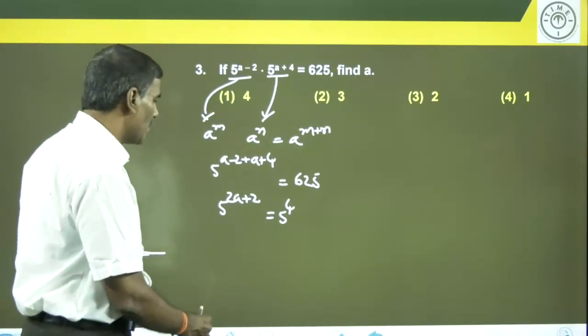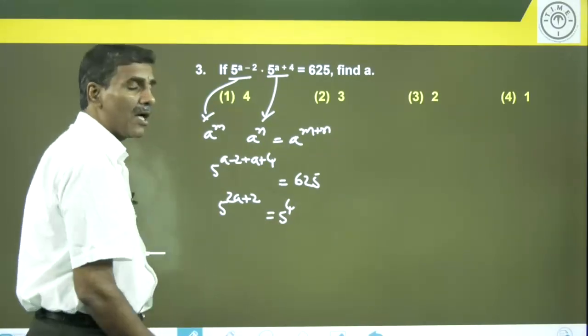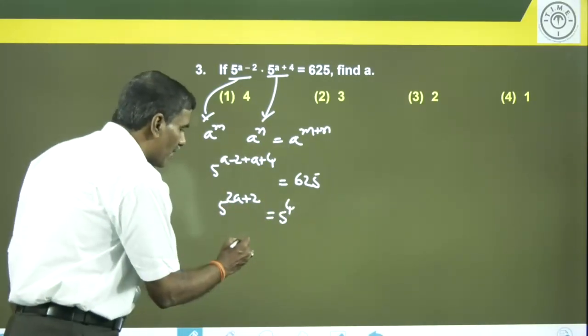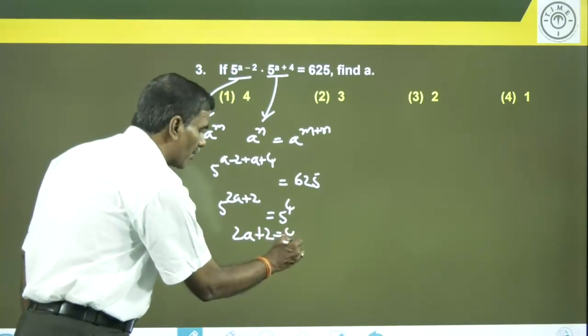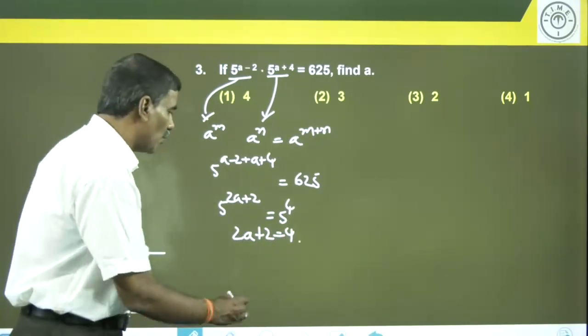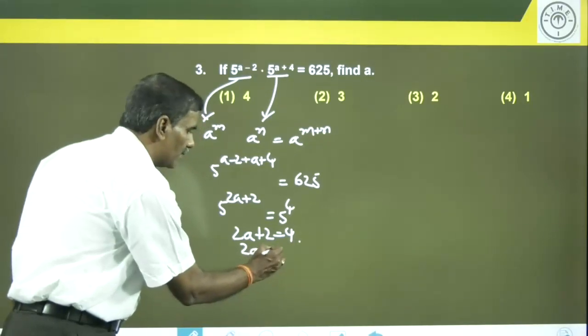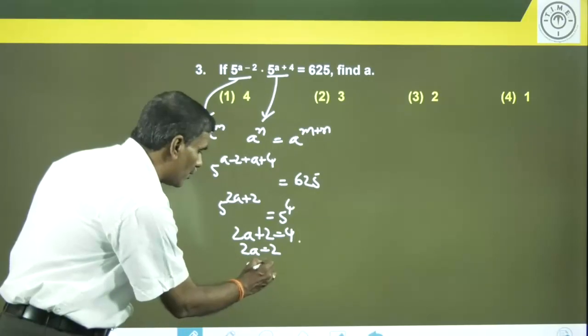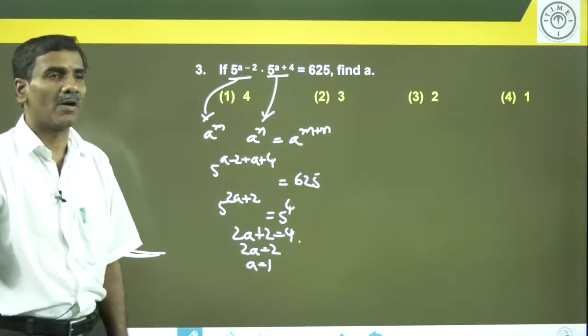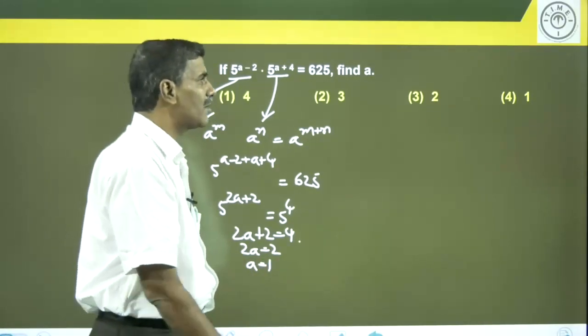As the bases are equal here also, we can equate the indices. So 2a plus 2 will be equal to 4, or in other words 2a is equal to 2. If 2a is equal to 2, a is equal to 2 by 2, that is 1. So the answer for this question should be choice 4.